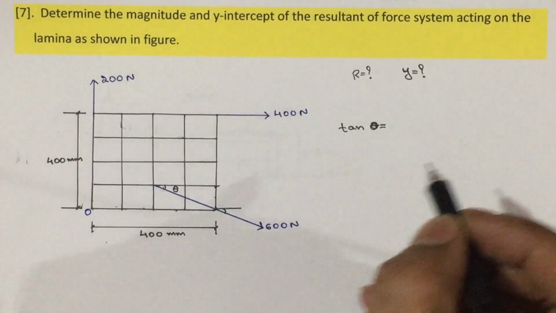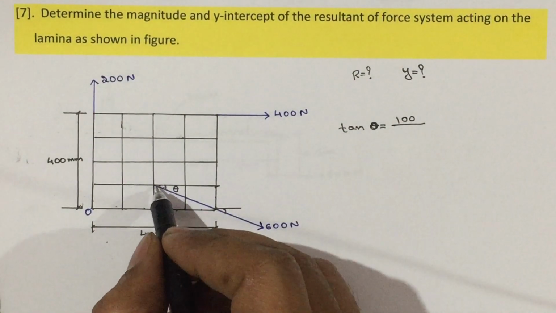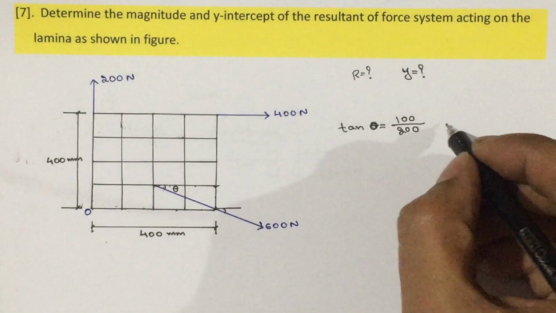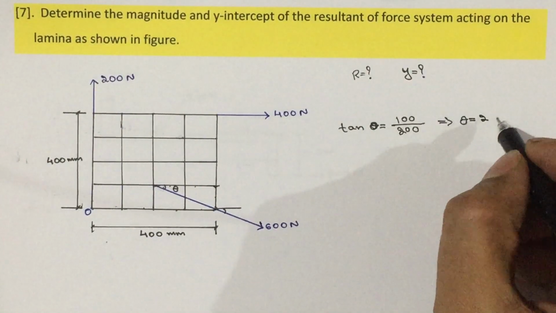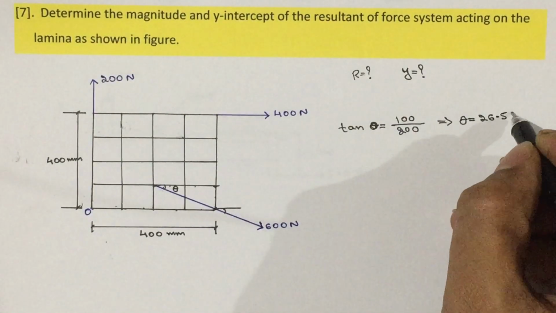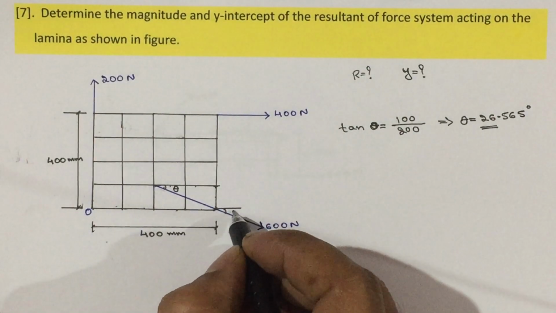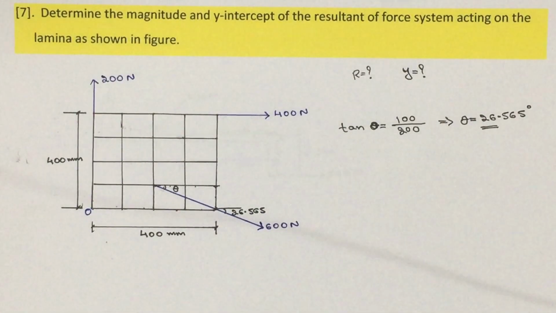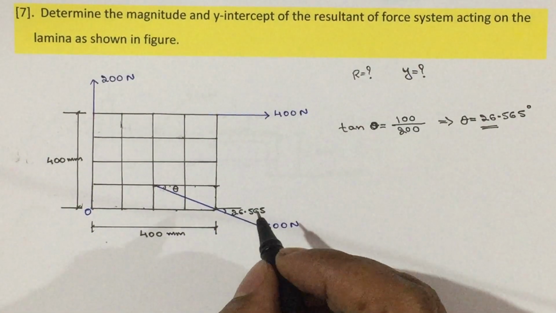Therefore, opposite side is one side, 100 mm, divided by adjacent side, two sides, 200 mm. If we calculate, we get theta as 26.565 degrees. So write down 26.565. Once the horizontal angle is calculated, next we will go for splitting up the inclined forces.